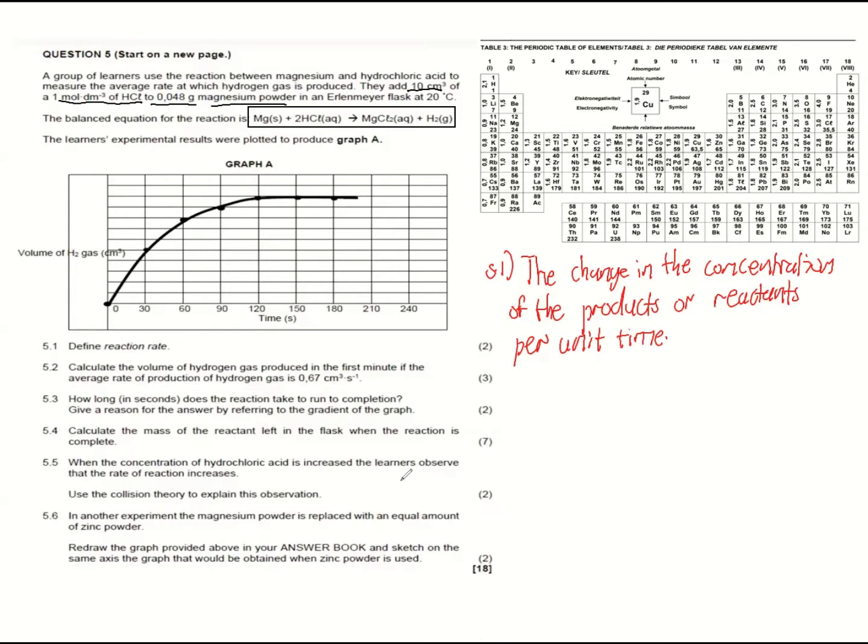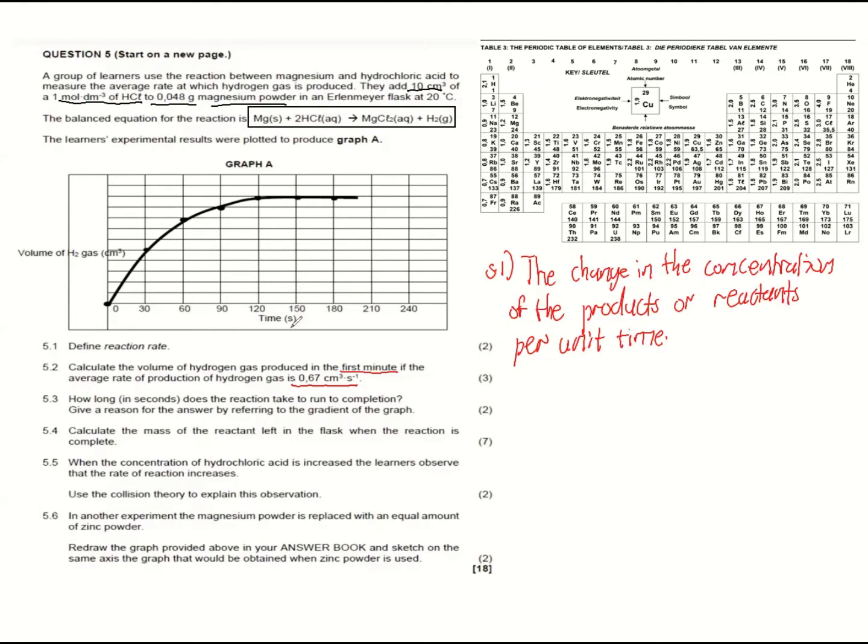Then 5.2 says calculate the volume of hydrogen gas produced in the first minute, if the average rate of production of hydrogen gas is 0.67 cm³ per second. So the first minute obviously means the first 60 seconds.